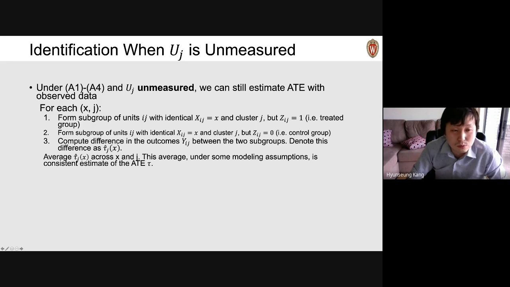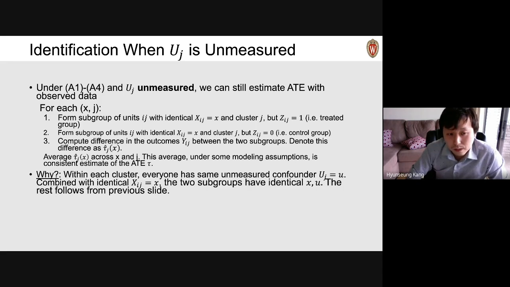Then you go through this for loop, and you average this estimate, and this average, under similar modeling assumptions as before, is going to be a consistent estimate of tau, even if we never measured the unmeasured cluster level confounder in the first place. Now, why does this work? It's similar in principle, because if you only focus on one cluster at a time, everyone has the same unmeasured confounder, by the assumption that the U_j will primarily consist of unmeasured cluster level confounders.